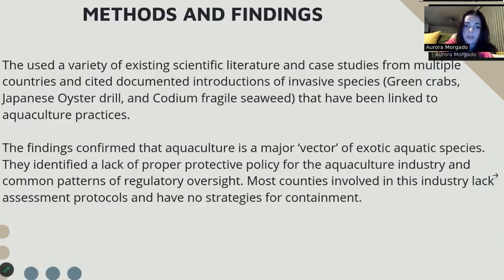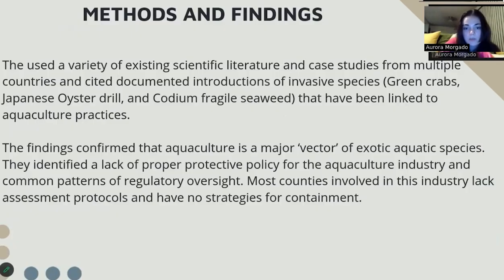Methods and findings. To answer the questions, the study analyzed scientific literature and case studies from around the world. They looked at species like the green crabs, Japanese oyster drills, and invasive seaweeds, all of which have spread due to aquaculture-related activities. The findings were pretty clear. Aquaculture is a major vector for introducing exotic aquatic species.